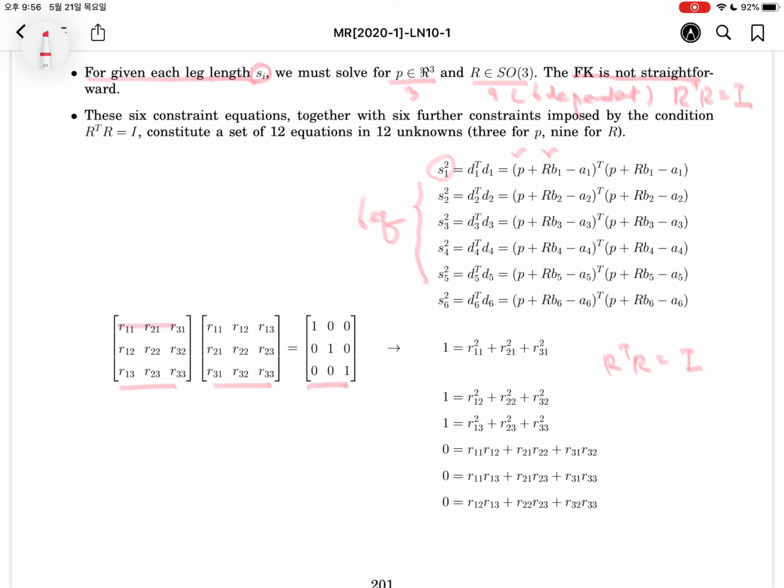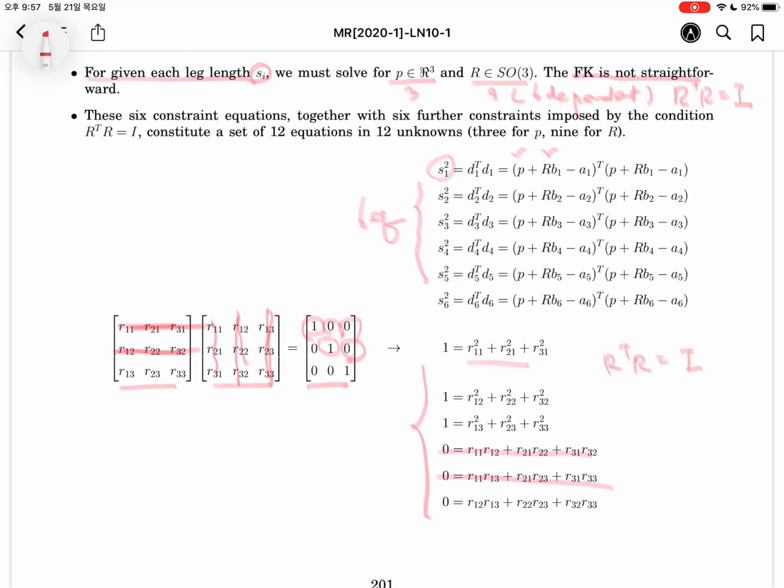From here, the first element should be 1, the second element should be 0, the third element should be 0, and the second diagonal element should be 1. The last element, the 2 by 3 element, should be 0. Like this, we can write down the 6 constraints.